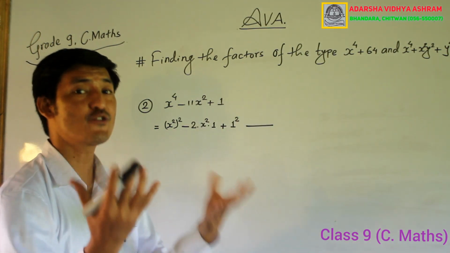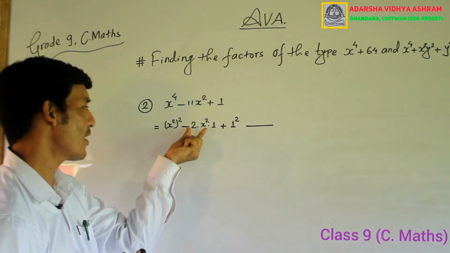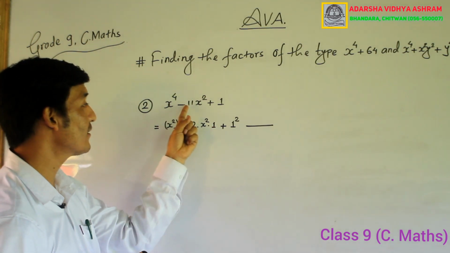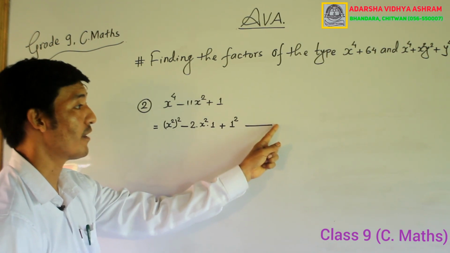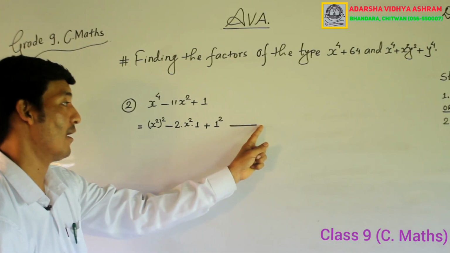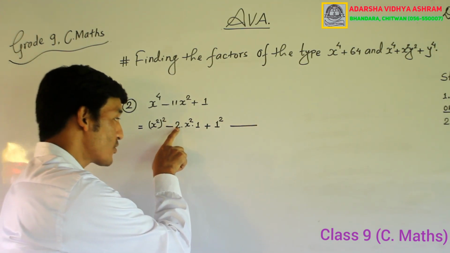Then try to fill up, try to understand the meaning. 2 1s are 2, you can see only the 2. And to make the minus 11, here is minus 2. What should be put here? I mean, what value do we insert here?